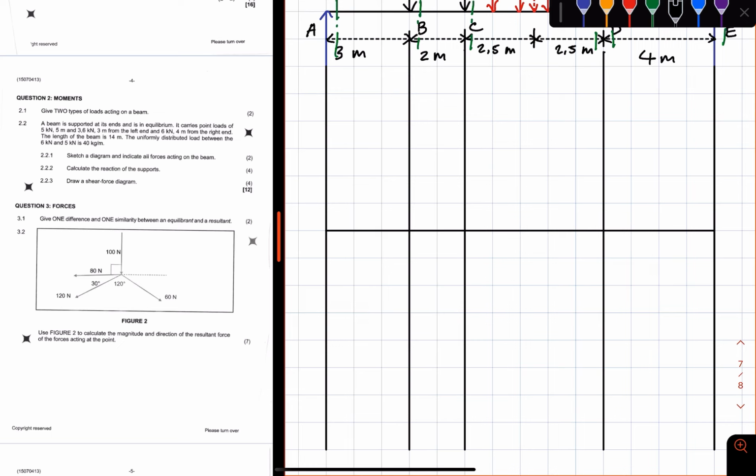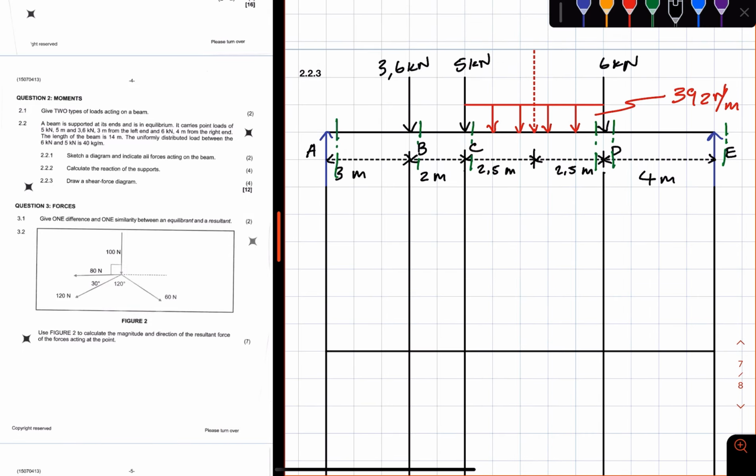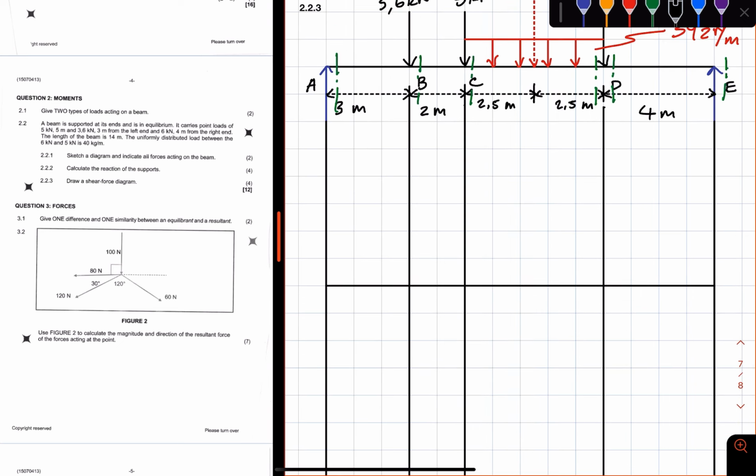Now, as far as the scale of your shear force diagram, you use any suitable scale, right? You use any suitable scale.